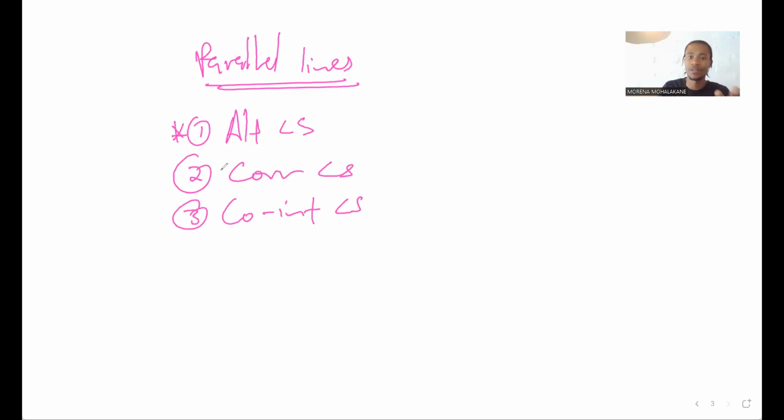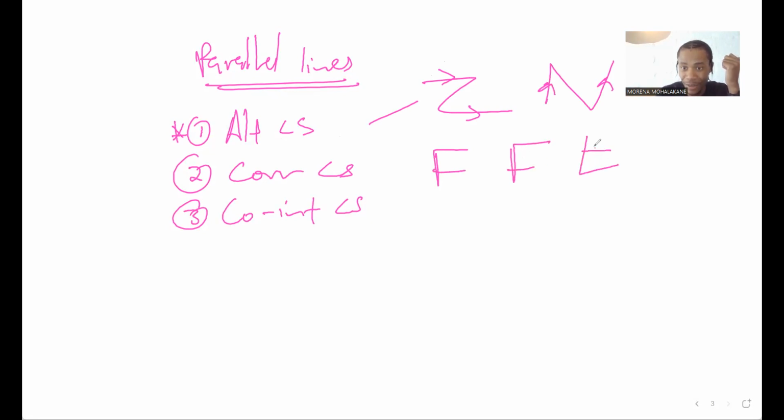Those are the things that need to come to your mind. When they speak about parallel lines, you must look for the Z shape, the N shape, and the F shape. Must look for these sorts of things in this position here.